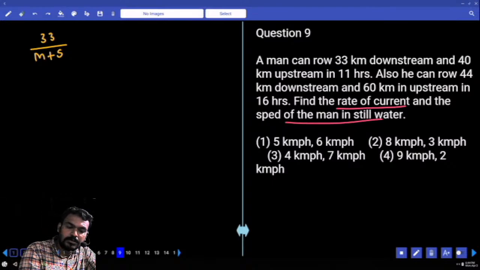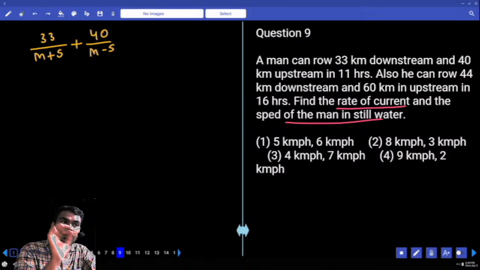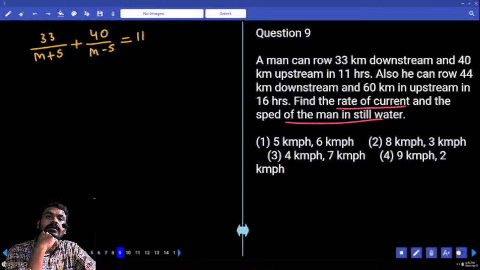Next, what is the upstream distance? 40 kilometers. What is the upstream speed? M minus S. These two are added to get the total time. What is the total time? 11 hours, sir. Both together time is 11. Means more time or less time? 33 by M plus S, 40 by M minus S, both added, it will be 11.